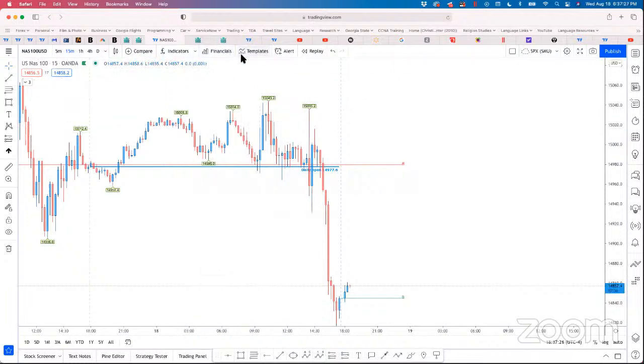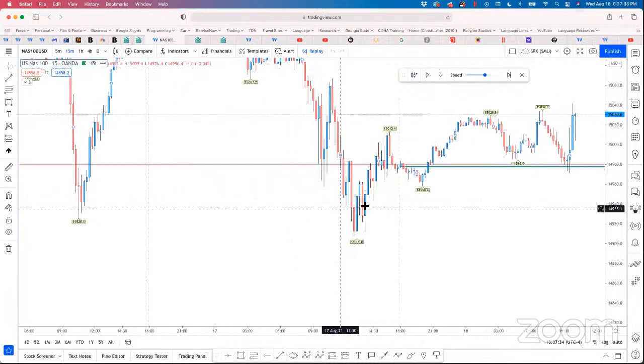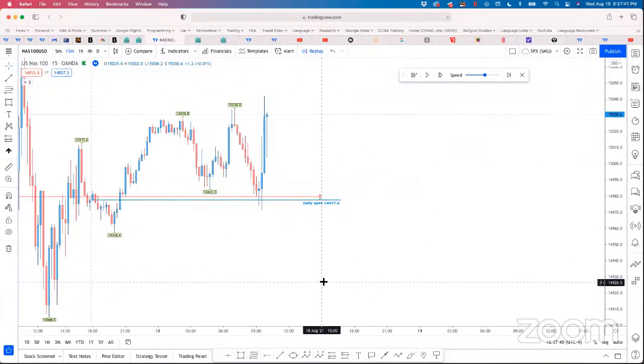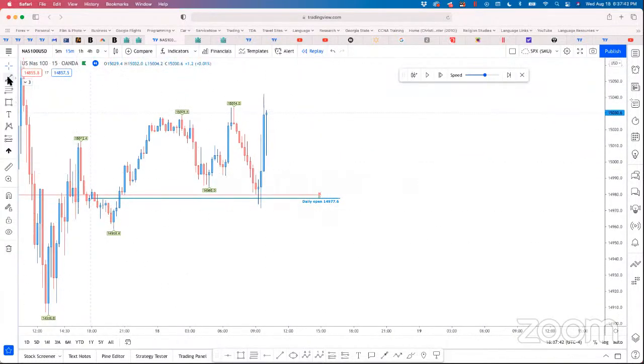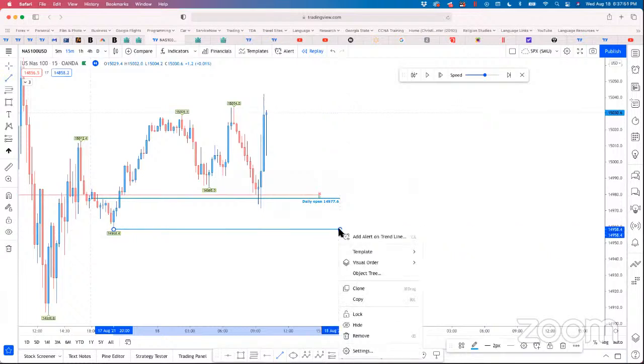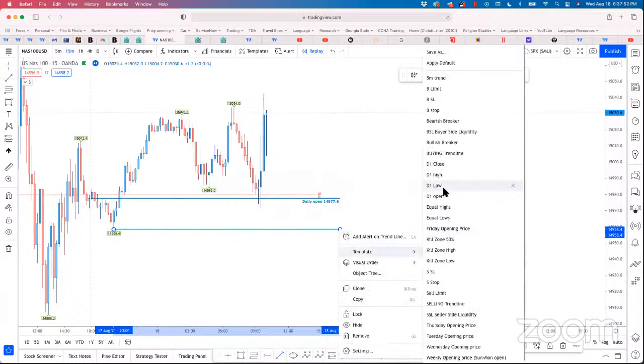I'm gonna back the price up. Let's go to 10 o'clock. At this given time, at 10, we had this low. Daily low.